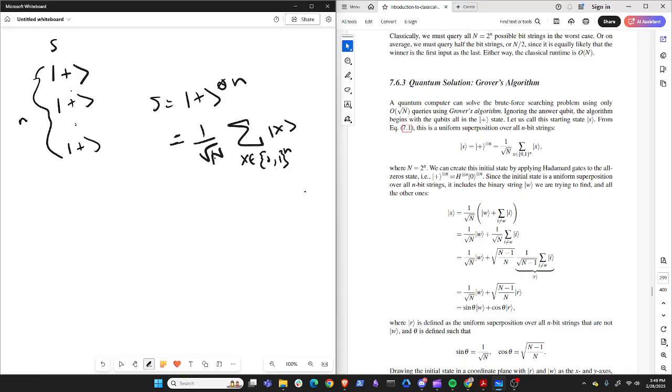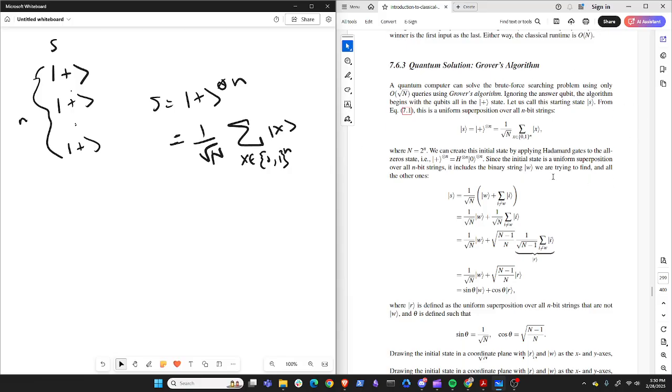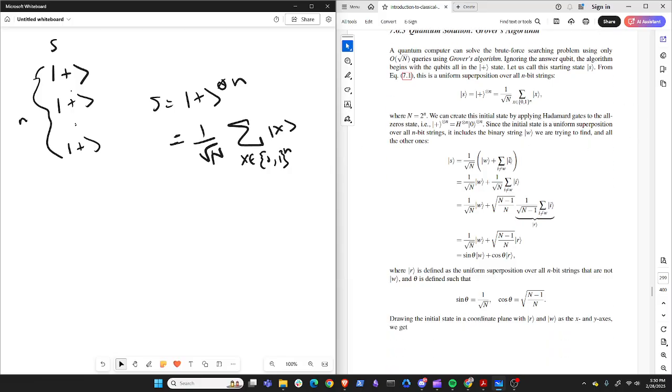So it's our standard uniform Hadamard state. We have n Hadamards, and 2 to the n is what determines the probability of getting each individual superposition once we combine them all together. In other words, summing up all of our x's, and we can create this initial state by applying Hadamards. Yep, we've seen that before.